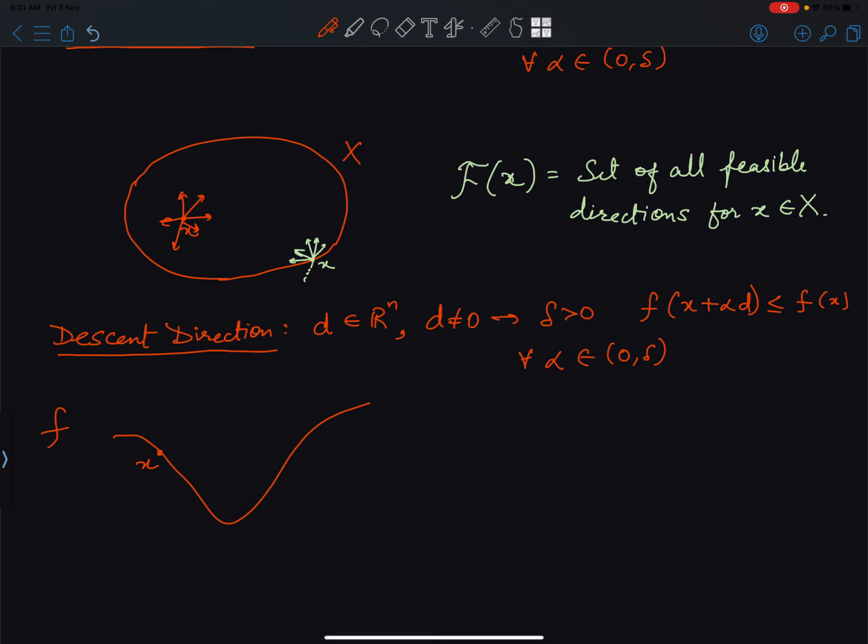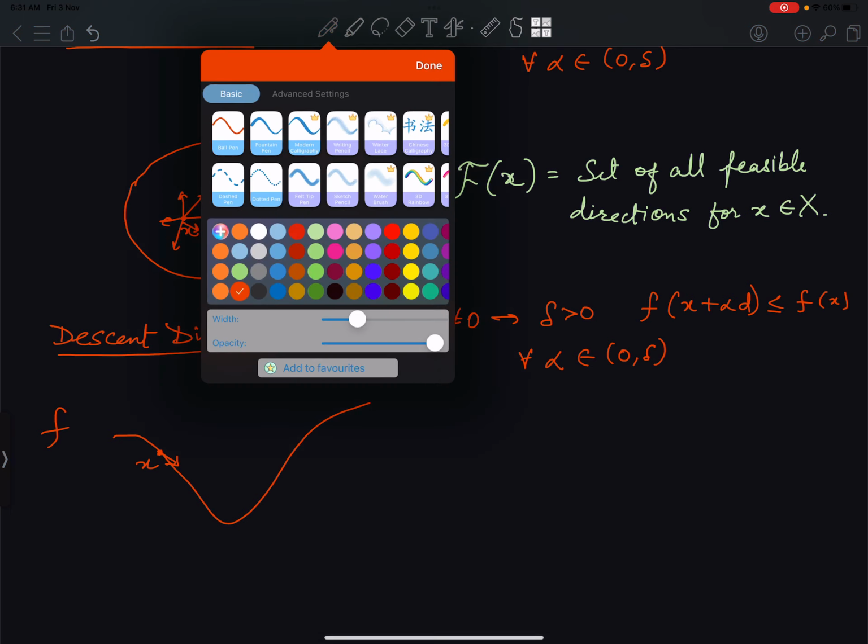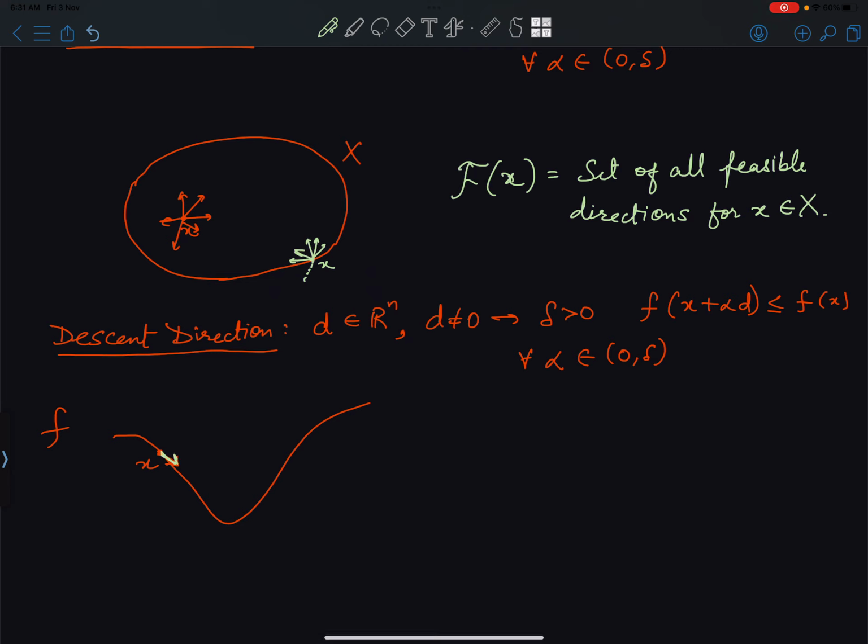So for this particular x, this direction is a descent direction, right? For this particular x, this is a descent direction, right? So in this case this is the descent direction, in this case this is the descent direction, right?